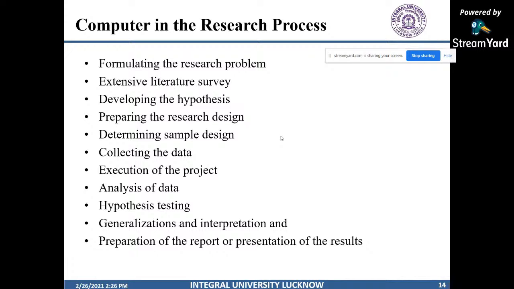You can see the first one is formulating the research problem. When you enter a PhD, the first task is to formulate the research problem. On which research problem you are going to pursue your PhD, first you have to formulate this.